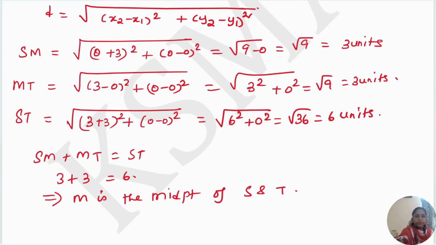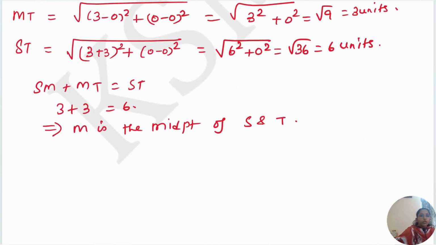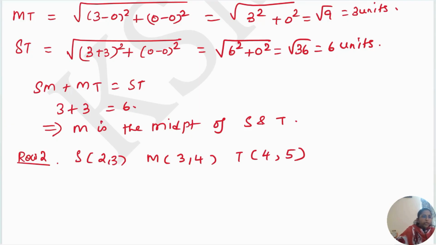M is the midpoint. And coming to row 2, data 2, 3, 3, 4, 4, 5. Okay, coming to row 2. So S data is 2 comma 3, M data is 3 comma 4 and T data is 4 comma 5. Same way you have to calculate.